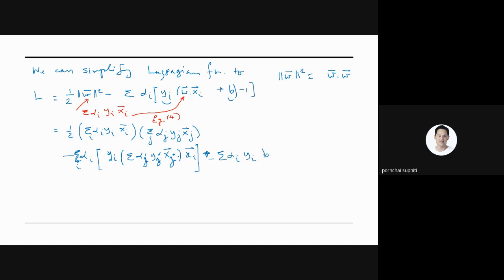They are here, so I can put parentheses and then multiply with b. And then at the end I add plus summation of alpha i, because minus times minus 1 is plus.